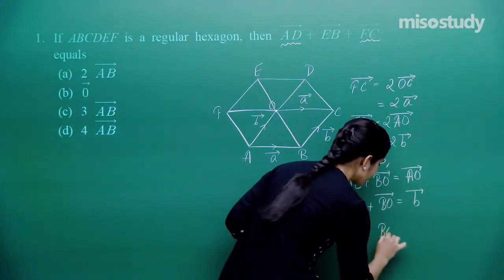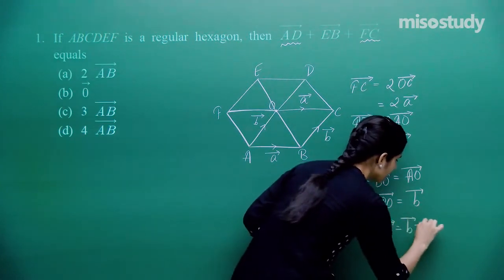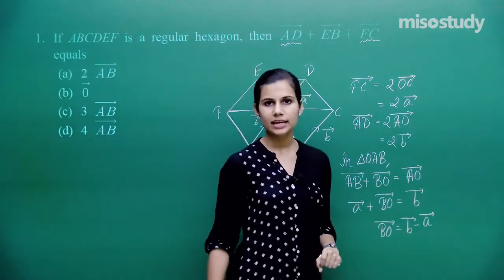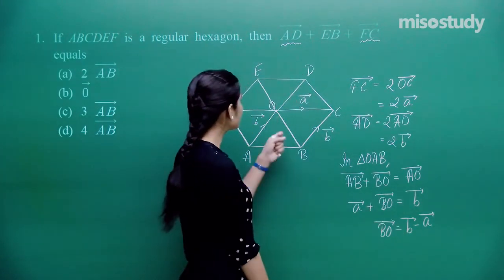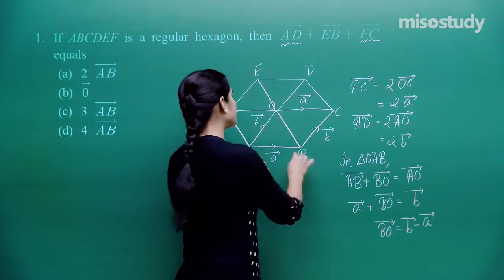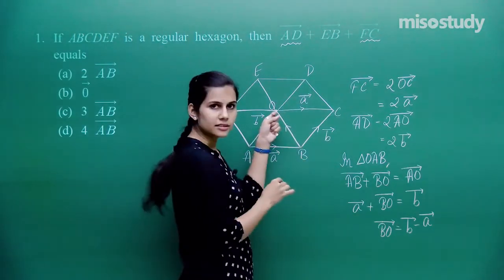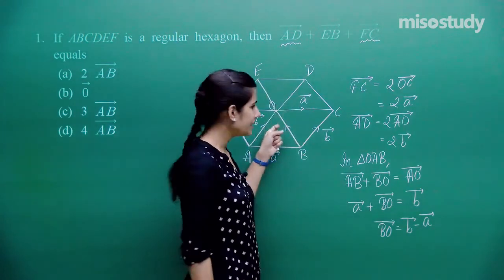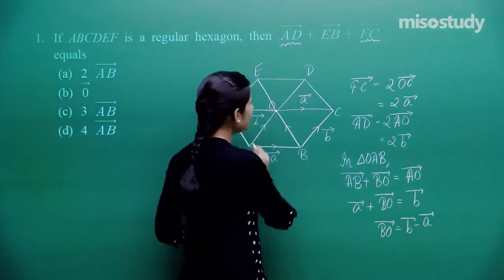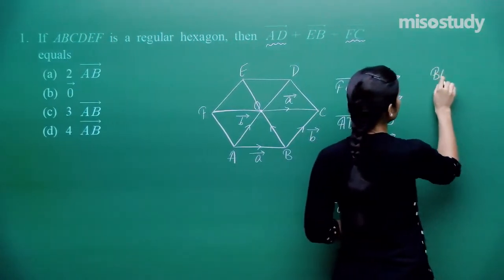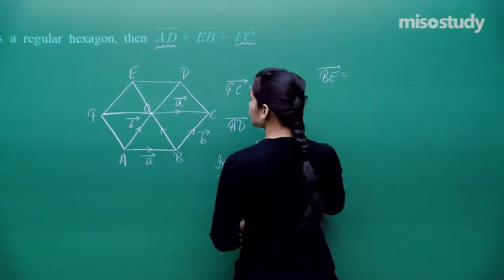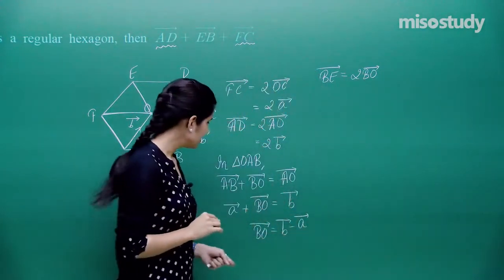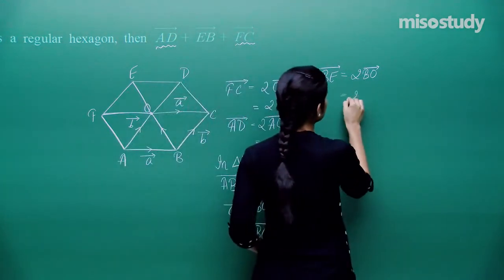So clearly BO vector is b vector minus a vector, or b vector plus negative of a vector I can say. After this, if BO vector has been decoded, I know BO vector is actually equal to OE vector. Right, and twice of BO vector is going to give me BE vector. So BE vector is equal to twice of BO vector, right? BO vector is b vector minus a vector.